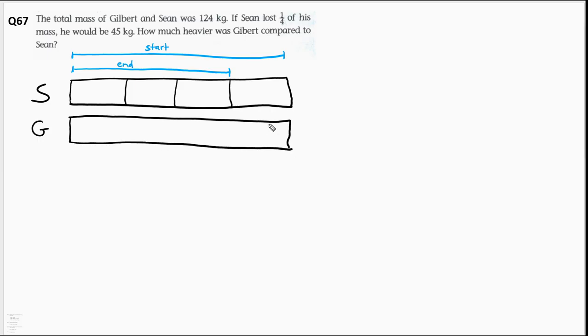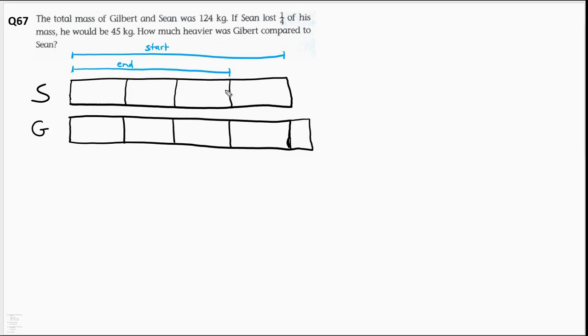I'm going to make Gilbert's the same, no matter how badly I draw that. But Gilbert is heavier. We know he is heavier. So I'm going to draw a little bit at the end there that does not represent the same value as these equal parts or equal units.